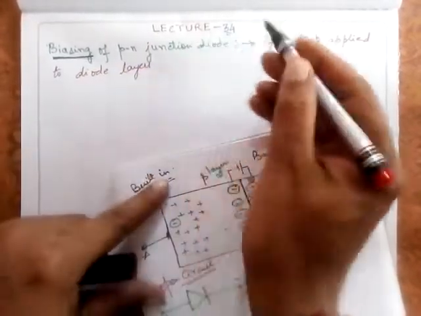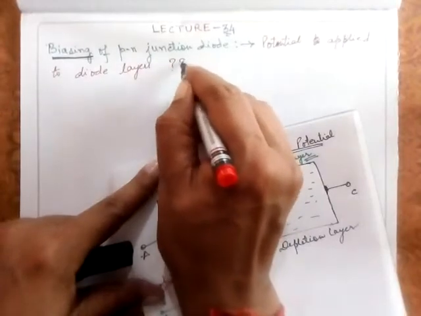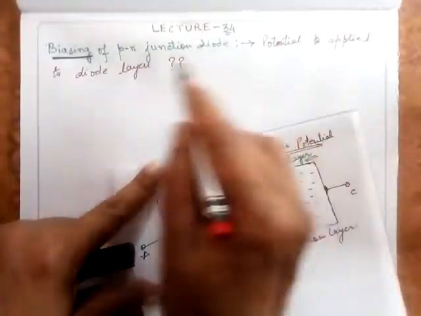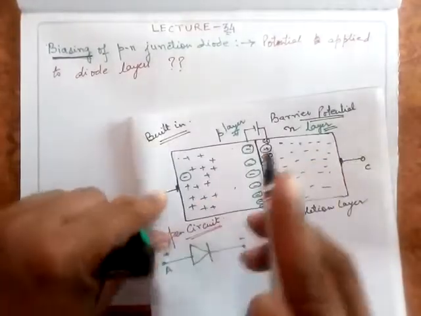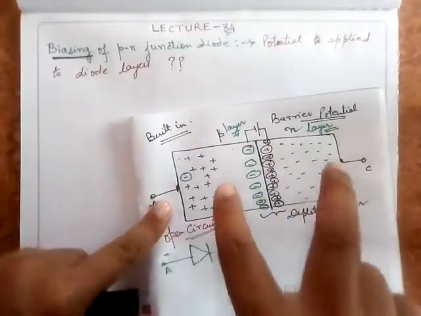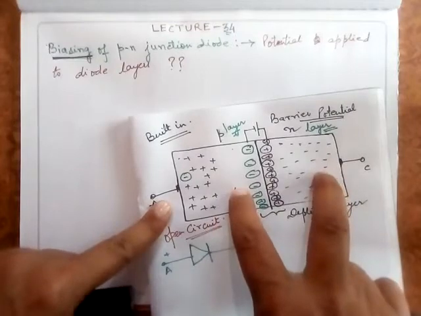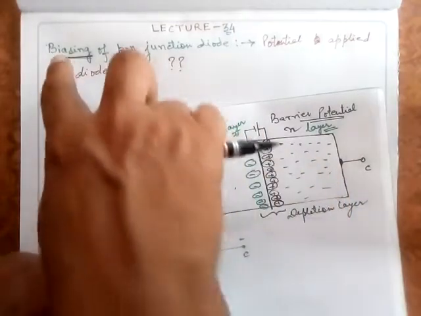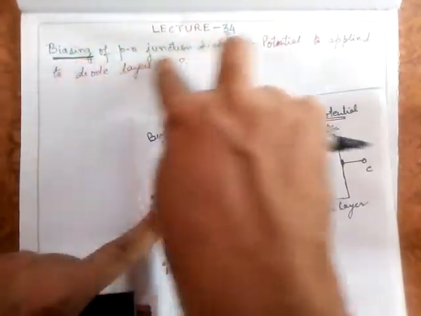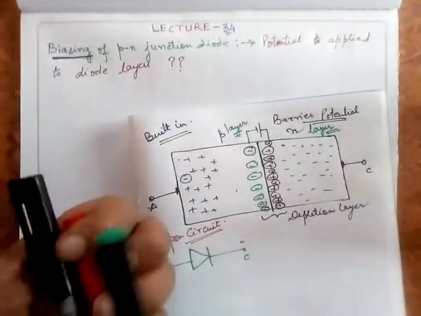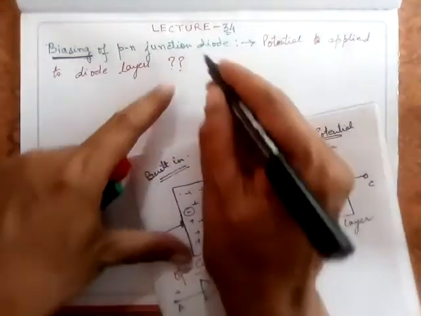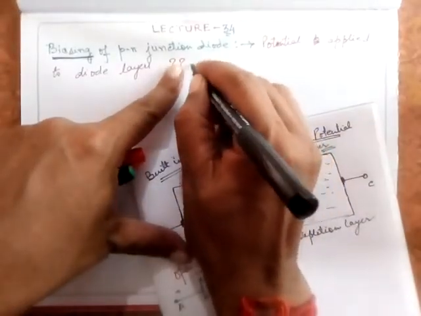Or I can say that how this potential is applied to the diode layers, based on how we are applying the potential on the P layer or on the N layer, defines the biasing of a PN junction diode. And there are two types of biasing in a PN junction diode.